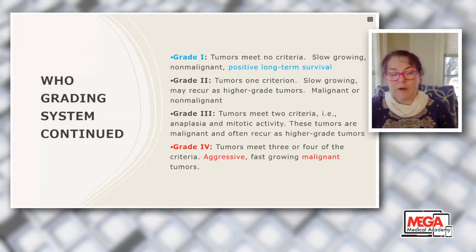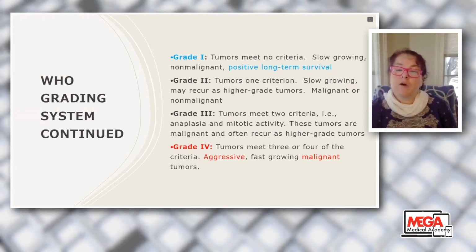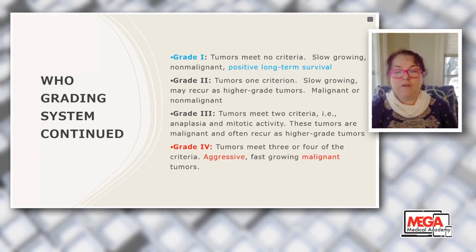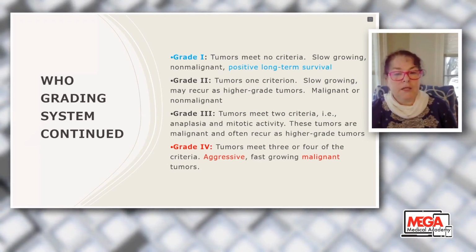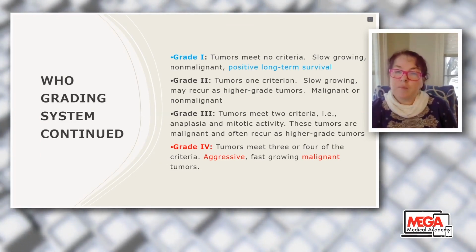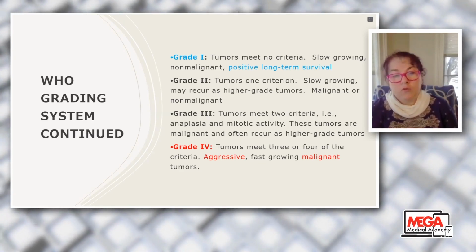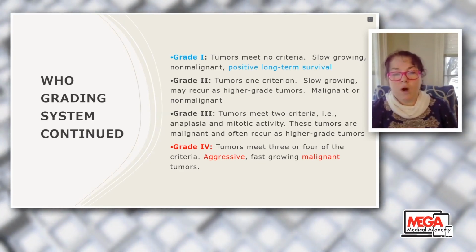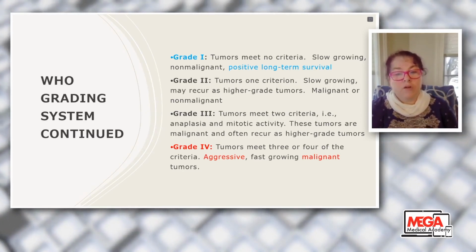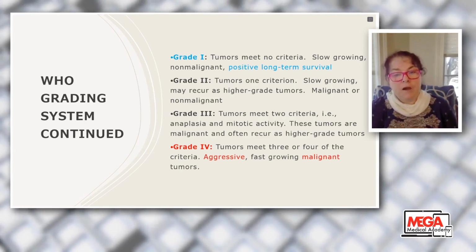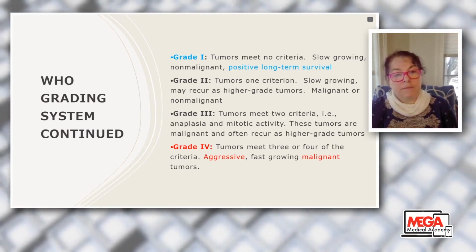This is a little bit more about the WHO grading system. Grade 1 tumors basically don't meet any criteria. They're slow growing and non-malignant. Patients with these types of tumors usually have a positive long-term survival. Grade 2 tumors will have one of the WHO criteria. They're still slow growing, but they may recur as a higher grade tumor. They can be malignant or non-malignant.